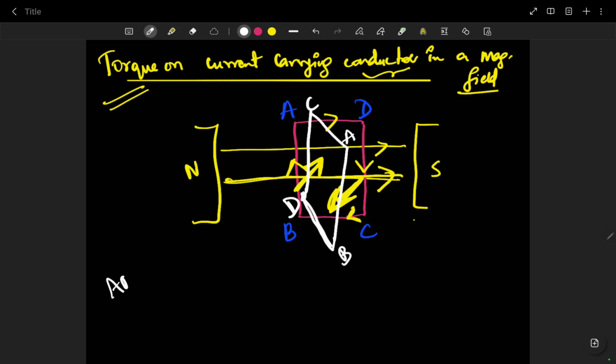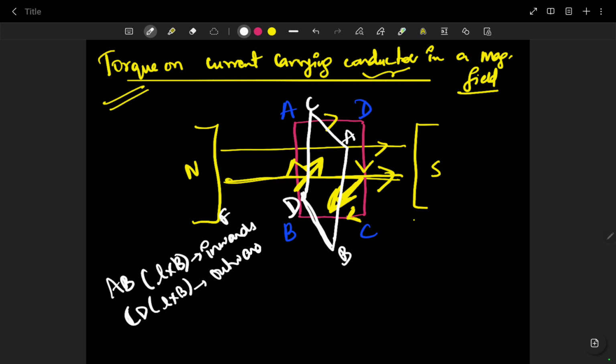Because on AB, you know how you have used L cross B, that has explained to us that force is inwards, and then on CD if you use L cross B, that has shown us that the force is outwards, which is why I'm reflecting CD, if you can see it properly, right?